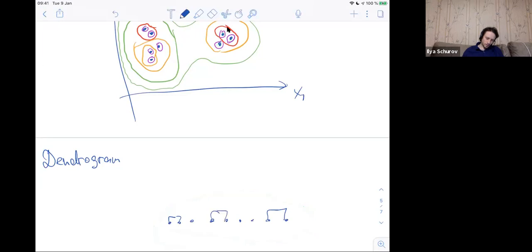Then we can unite these 3 points. We can unite these 3 points. Then, for example, we can unite these 3 points. And then this, and finally this. So you will get a picture like this.